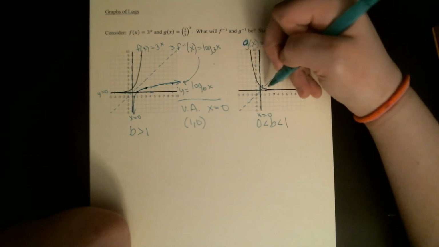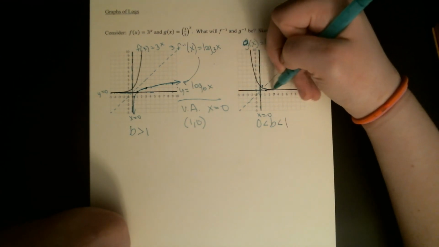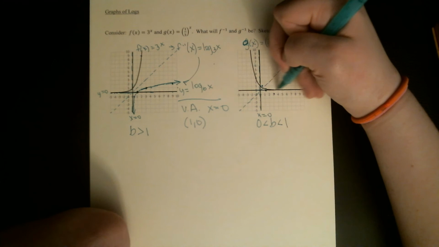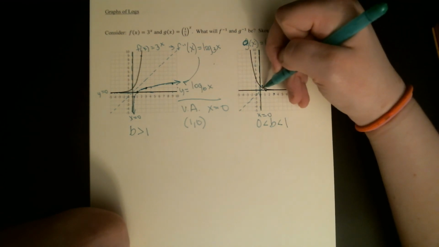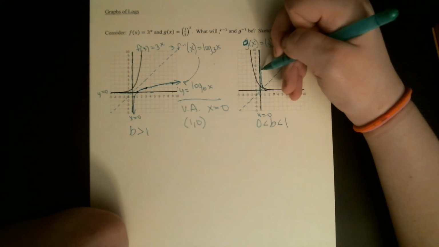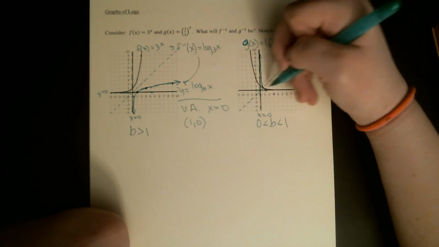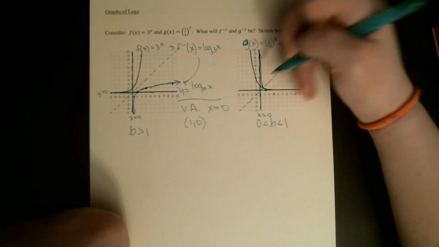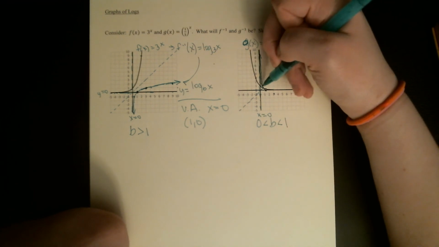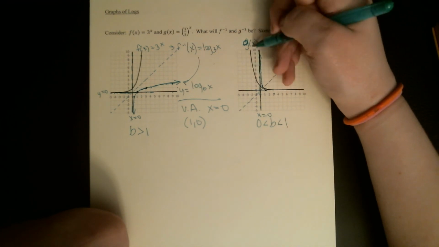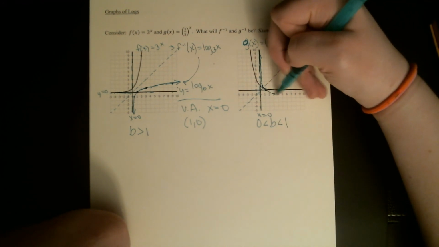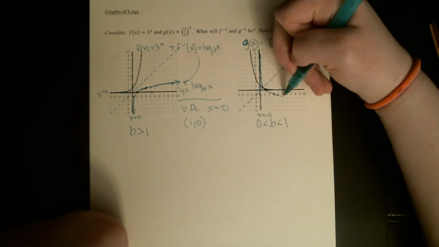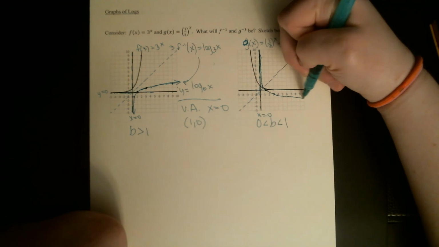You can snag more if you want, but what we should be seeing here is that this little tail that comes down and gets really close to the positive x-axis will become this tail that heads up and gets really close to the positive y-axis. So this little bit right here flipped across. Over here where we head into quadrant 2 and get really, really steep, the log graph will head into quadrant 4 and get really, really flat.